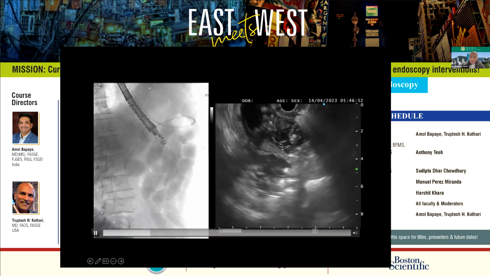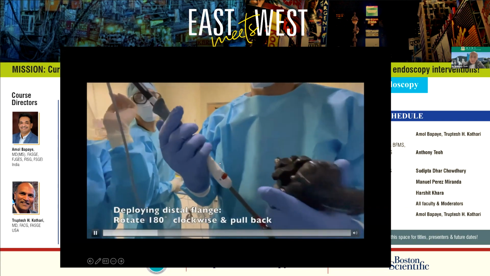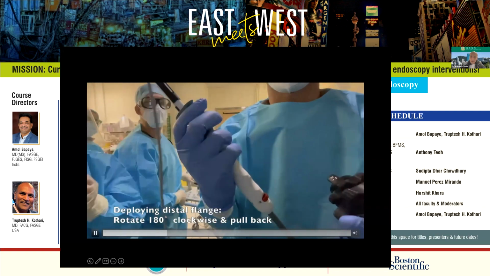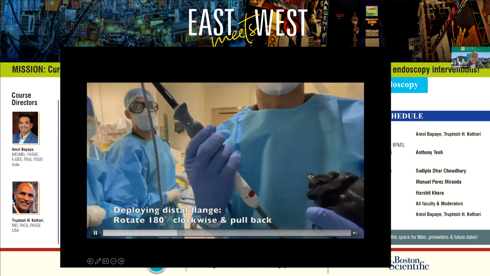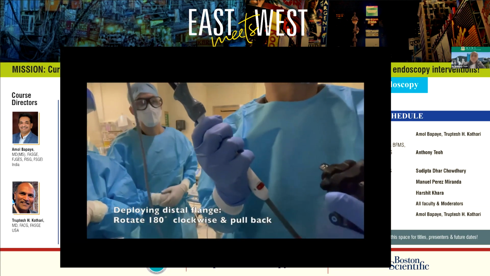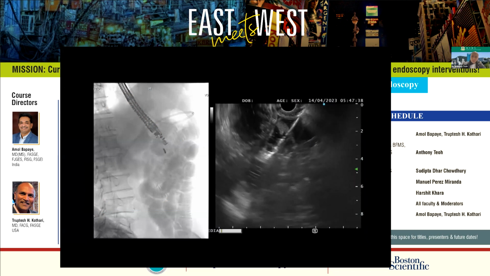It went into the small bowel quite easily, and then I was pushing the delivery system down. Here I turned the knob 180 degrees, which allows me to open the distal flange by pushing this knob upwards. So here you can see the distal flange being opened.